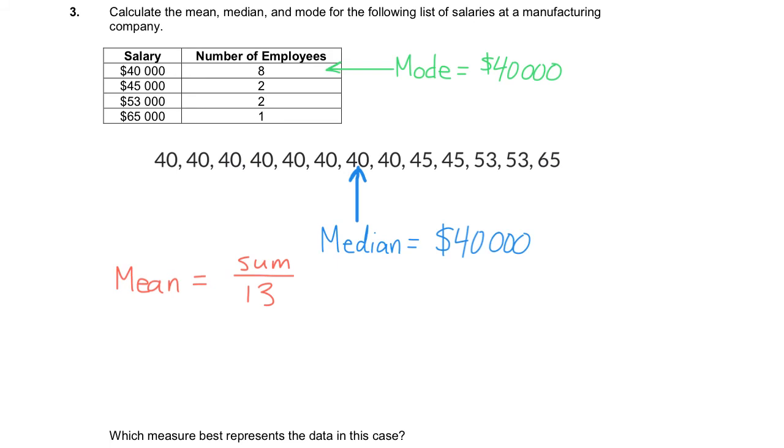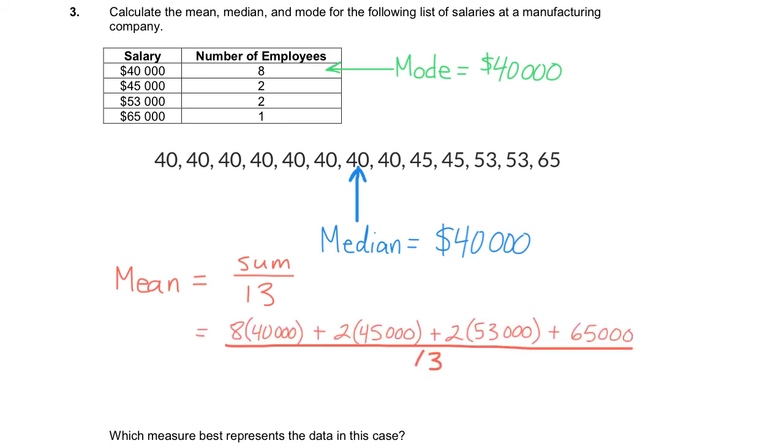Or you could simplify it a little bit so that you just have 8 times 40,000 plus 2 times 45,000 plus 2 times 53,000 plus 65,000. So you can kind of shorten it up there. Any way you do it, the sum is going to be 581,000. Divide that by 13. The mean salary is $44,692.30.